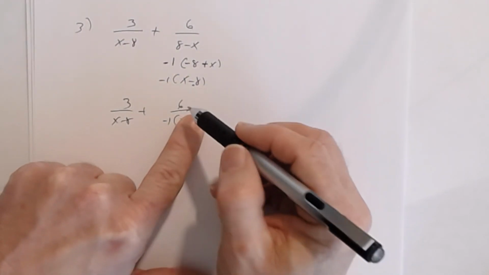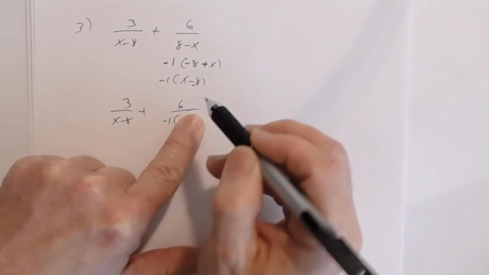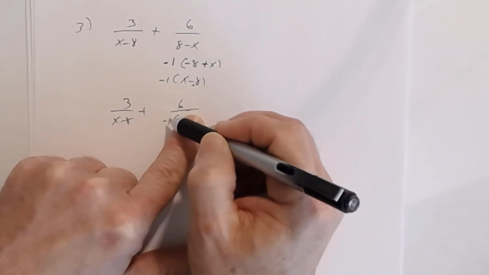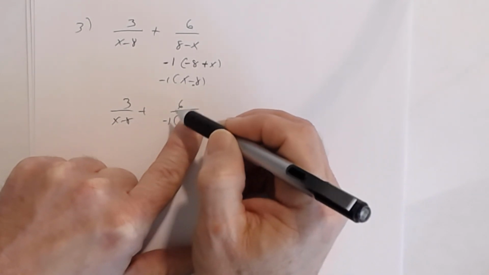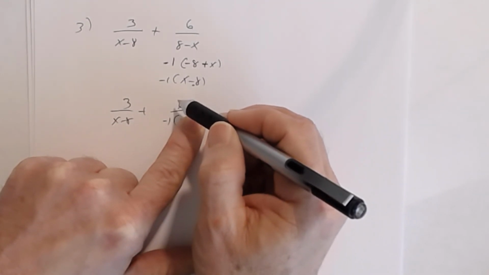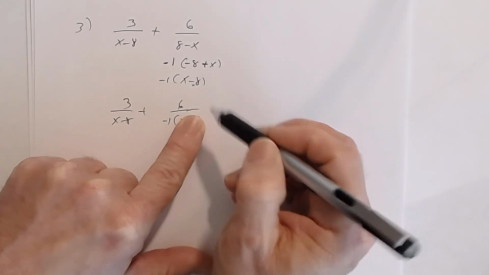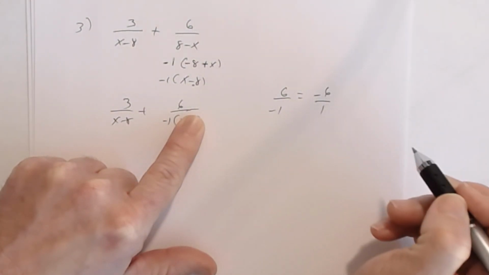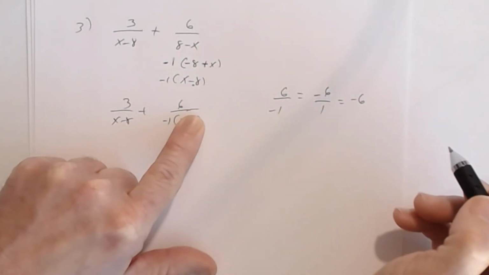I'm going to cover this up. You have to notice this now. You have to notice that 6 divided by negative 1 is the same thing as rewriting this as a negative 6. So 6 divided by negative 1 means the same thing as negative 6 divided by 1, or negative 6.